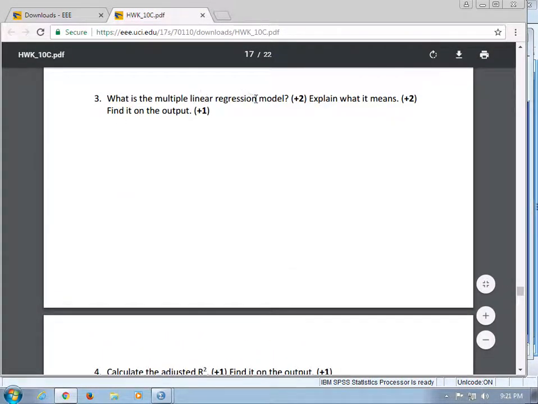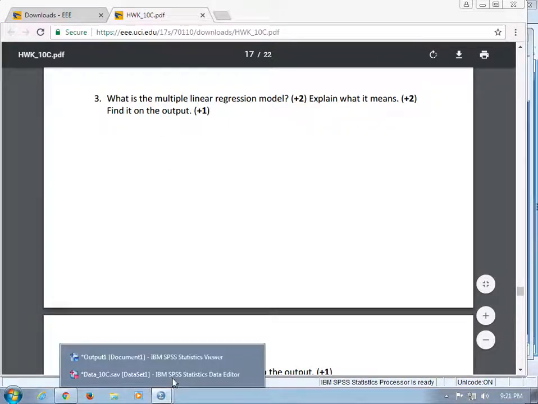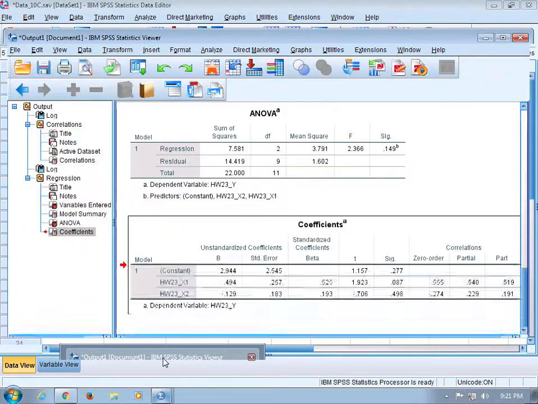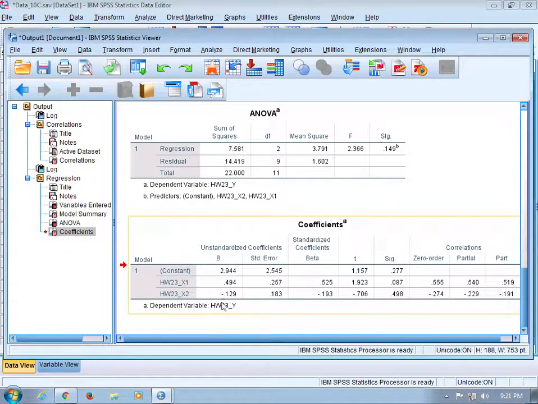What is the multiple linear regression model? Explain what it means and find it in the output. So in the output, you can find all the parameters in this B column. So this will be your A, 2.944 for me. This will be the coefficient on x1, and this will be the coefficient on x2.